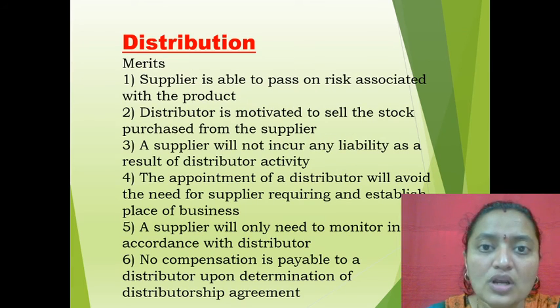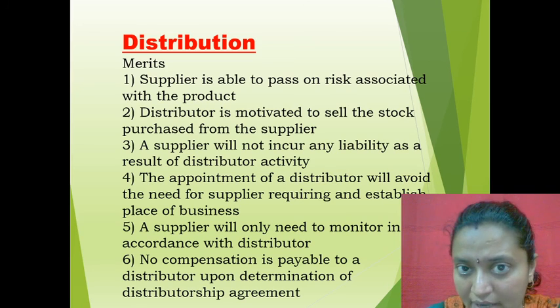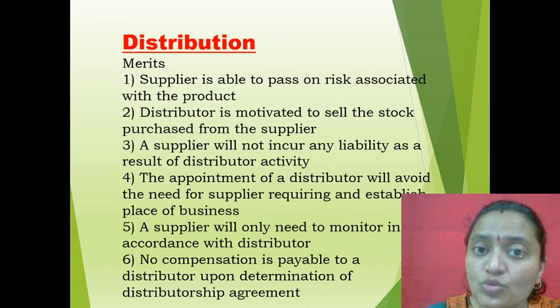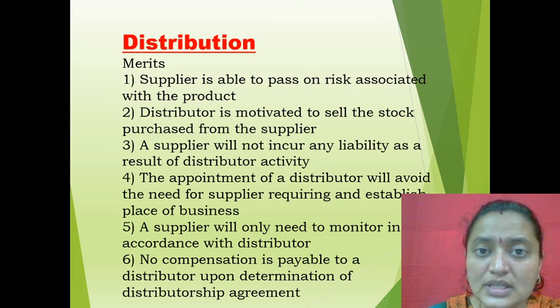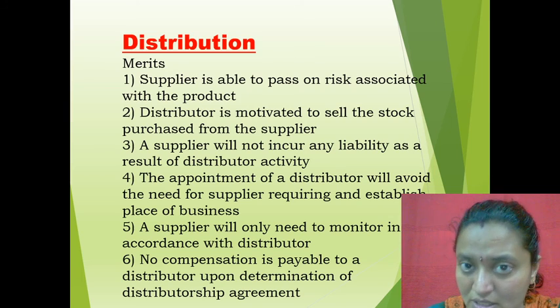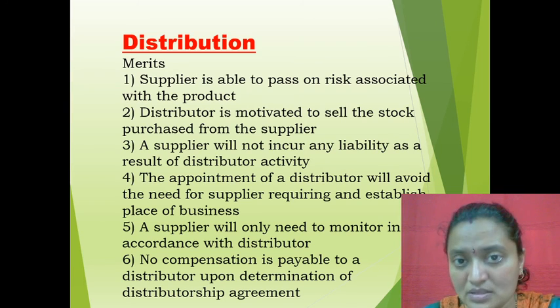So this is all about distribution. You need to remember the channel of distribution, through what flow or process the goods are supplied from one place to the other, how much order is placed and by which company.